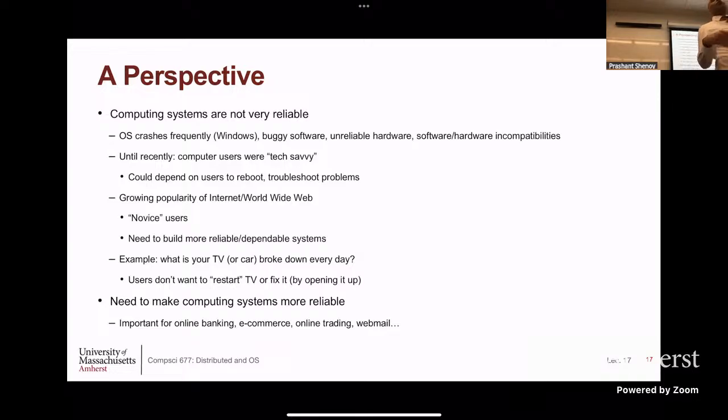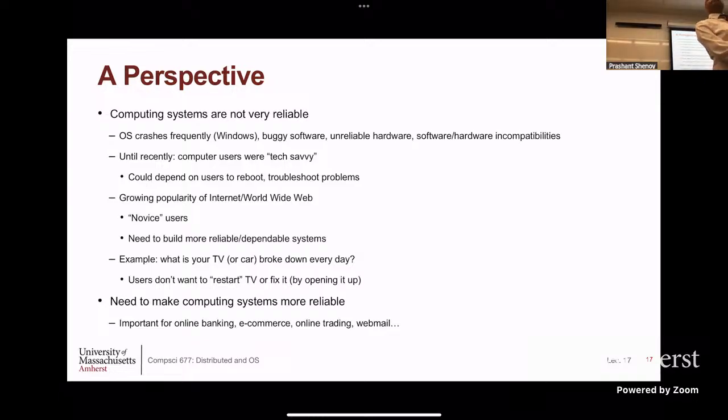We are not going to worry about how to make your car or TV better, but we will think about how to make your distributed system better, because that can be worse. If your bank goes down, you are not happy because you can't access your money. If you go to the ATM and it says, machine is rebooting, come back after 1 hour, that's not something you want to hear. So you want the systems that we build to be very reliable. That's really the reason we want to think about fault tolerance for a distributed system.